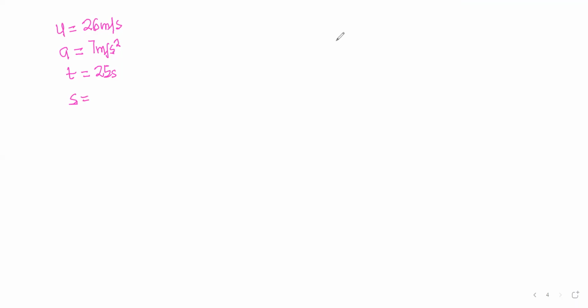So we have equations of motion. Equation 1. What is equation 1? Give us the first equation of motion. Yes, Ajewa, go ahead. Speak up. V is equal to U plus at. Good.